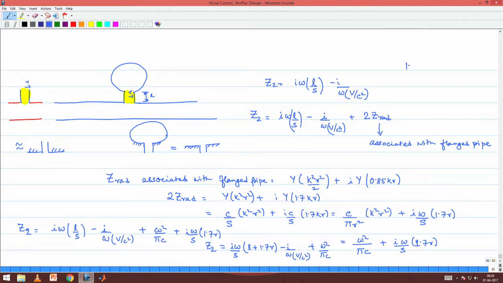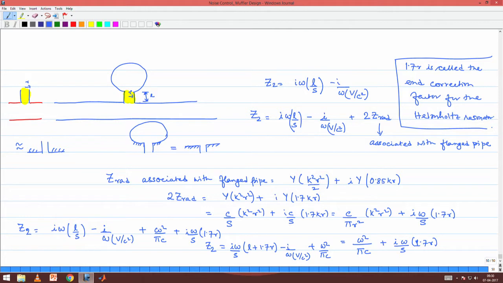So, 1.7 r is called the length correction or the end correction factor for the Helmholtz resonator. So, the physical length together with 1.7 r is the actual length which goes into the impedance formula.